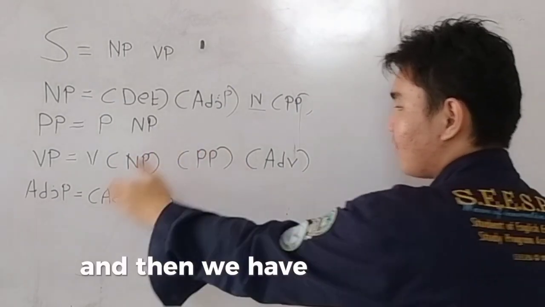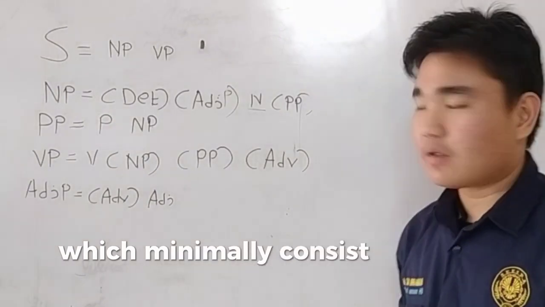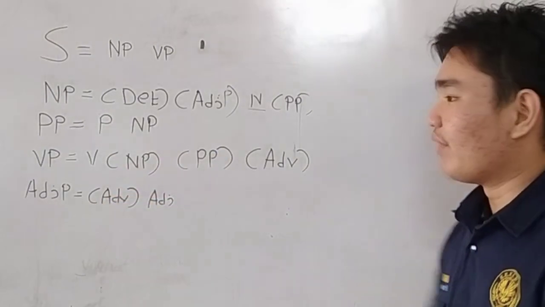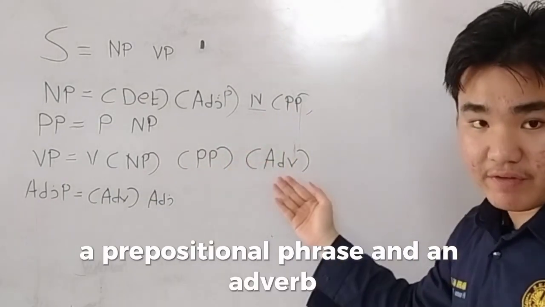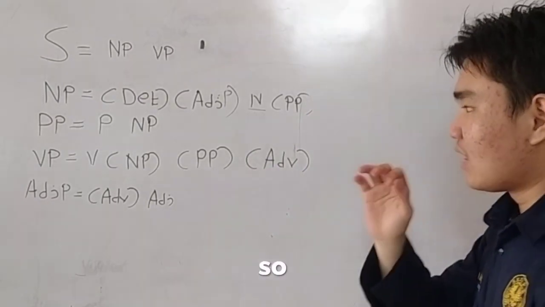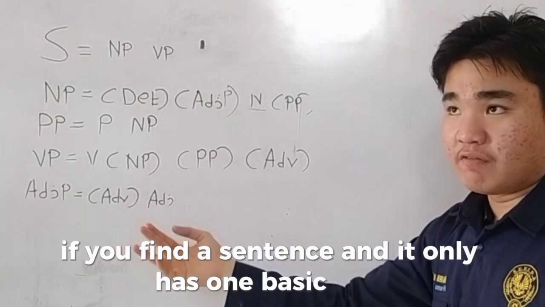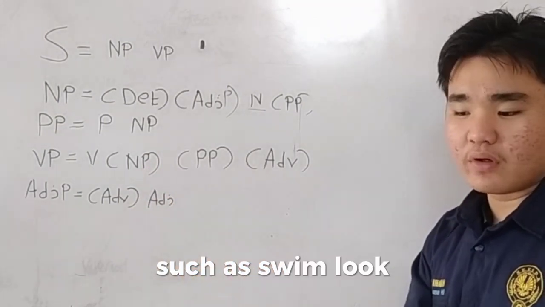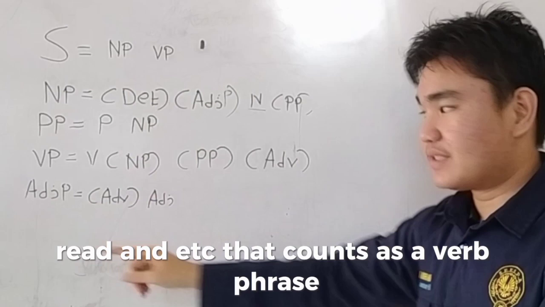And then we have verb phrase, which minimally consists of just a verb, but you can add a noun phrase, a prepositional phrase, and an adverb. So if you find a sentence and it only has one basic verb such as swim, look, read, and etc., that counts as a verb phrase.